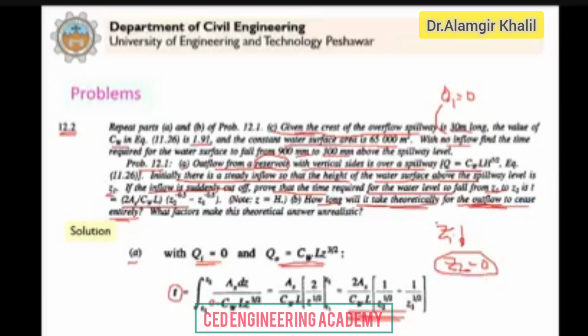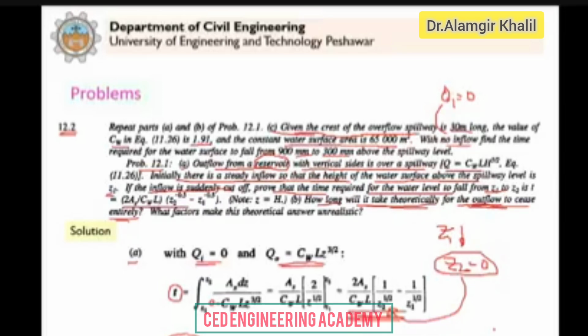You are coming from a level to a 0 level where the discharge is 0. So when you put Z2 equal to 0 here, 1 by 0, what do we get? When Z approaches 0, then T approaches infinity. So theoretically, the outflow would never stop. This is the answer we get.